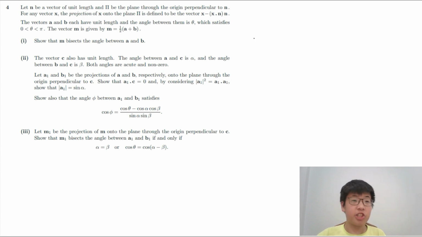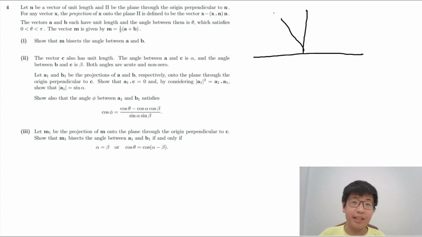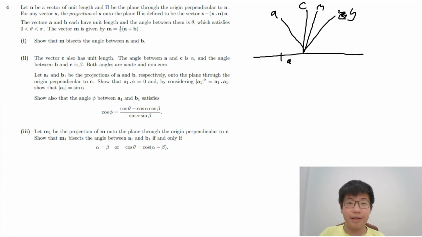Let M1 be the projection of M onto the plane through the origin perpendicular to C. Whoops, we had just cleared the diagram. So this is C, this is B, this is M, let's say M is here, and then we have A1, M1, B1.